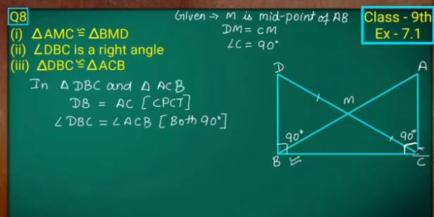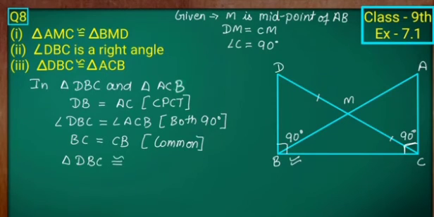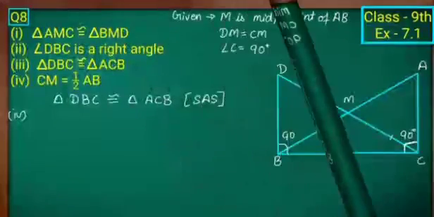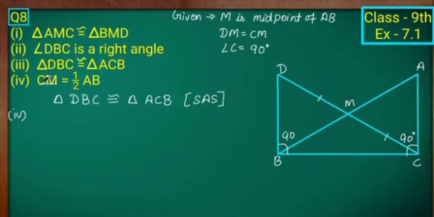The next, third part: BC equal to CB, because that is a common side of both triangles. Just mention that as common. So from these three steps you can say that triangle DBC is congruent to triangle ACB by the rule side angle side.